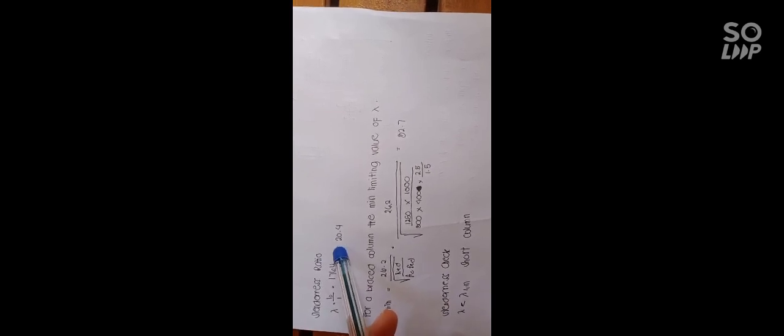So here the slenderness ratio is less than the limit for a braced column. So in the slenderness check, 20.4 is less than 32.7, so it is a short column.